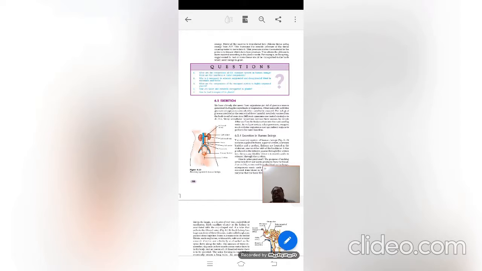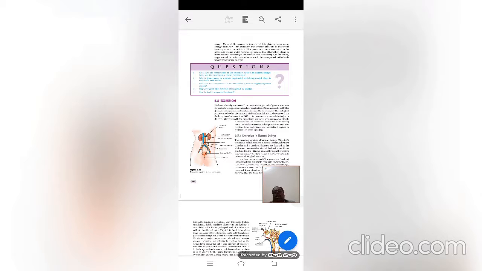Some organisms excrete uric acid, and we excrete urea. Inside our body the waste product is ammonia, but it is converted into urea in the liver, and it is excreted out through the kidney.